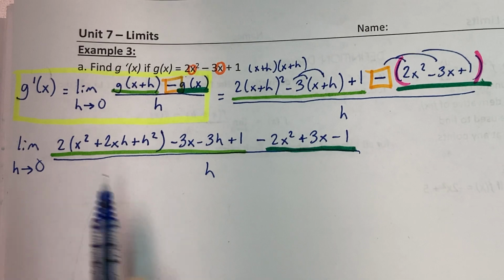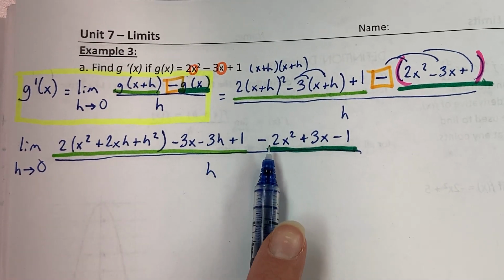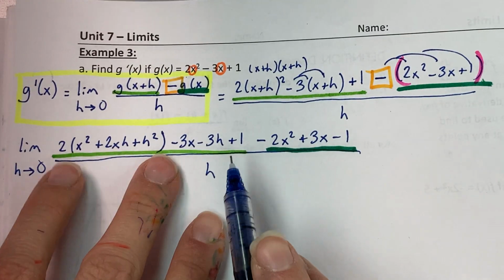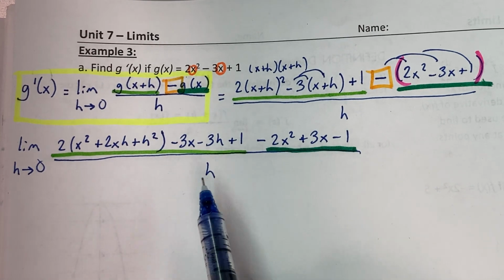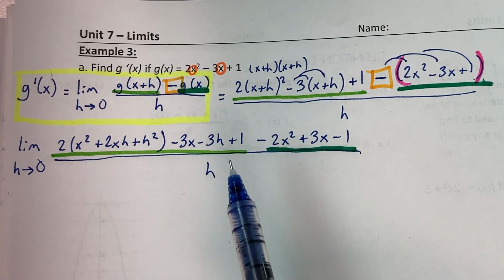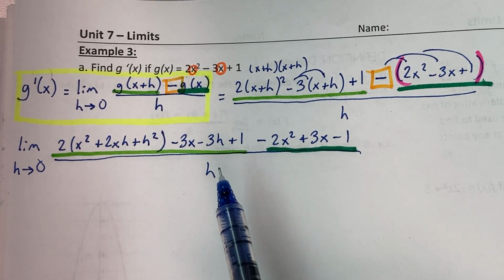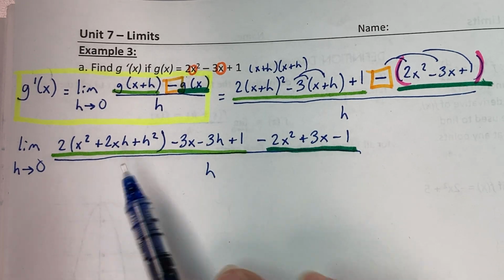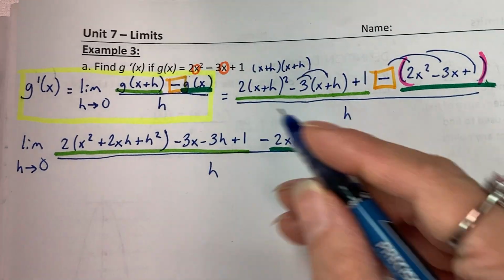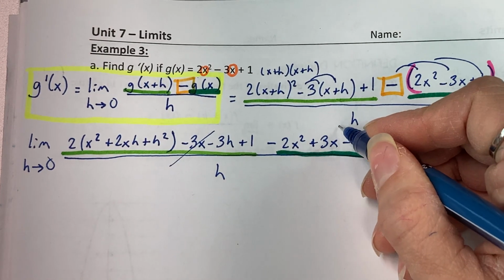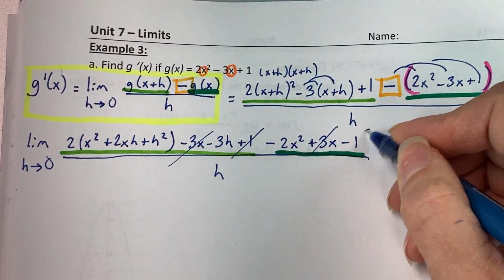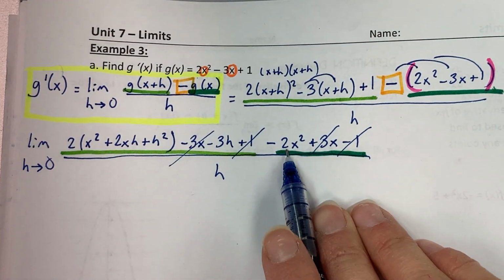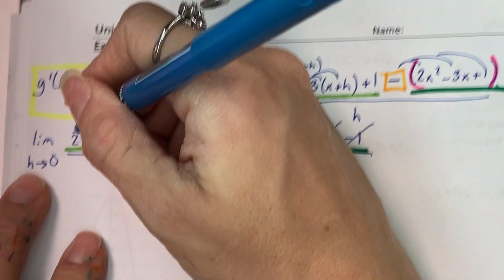Because remember, folks, after you have simplified the top of this fraction, you shouldn't have anything left that you can't take an h out of. So that's why direct substitution, factoring and canceling ends up working for this one, is you should be able to take an h out of everything that's left on the top. So goodbye negative 3x and positive 3x, goodbye positive 1 and negative 1, and hopefully this negative 2x squared will cancel out with something from over here.